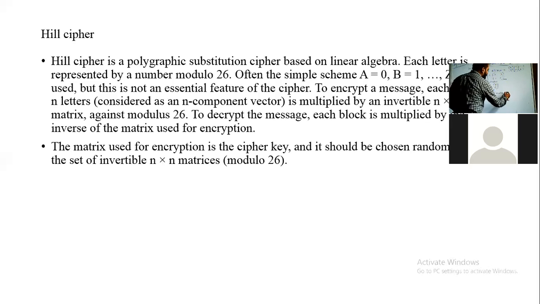Now solve this. Multiply this row with this column, and this row with this column. 2 into 0 plus 3 into 19, and next 3 into 0 plus 6 into 19, mod 26. Now we have 0 plus 57 and 0 plus 114, mod 26.